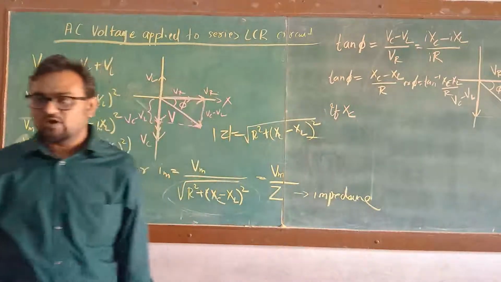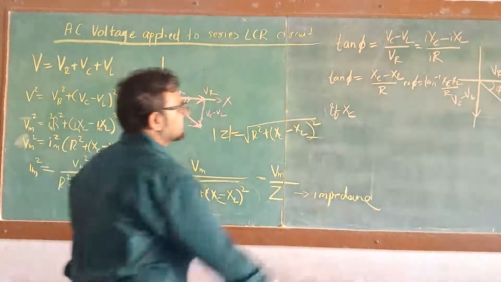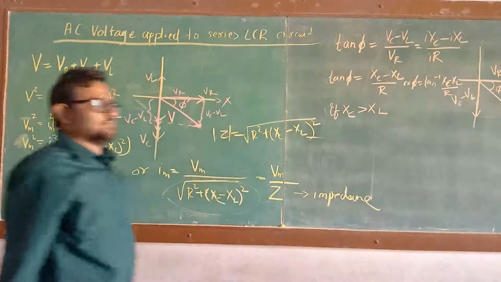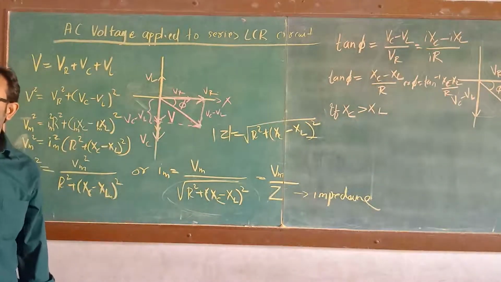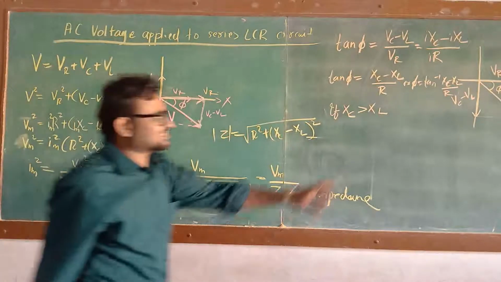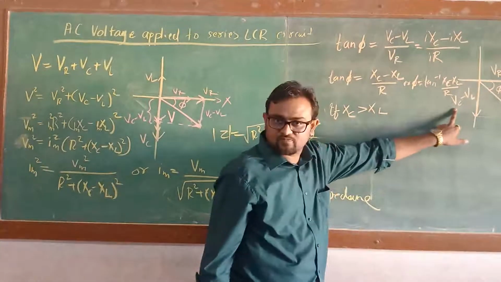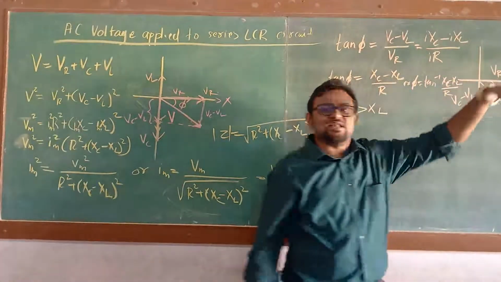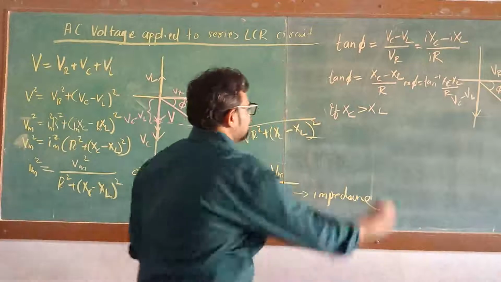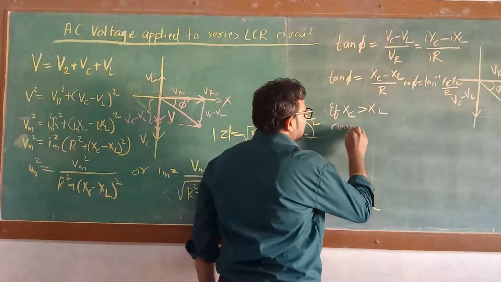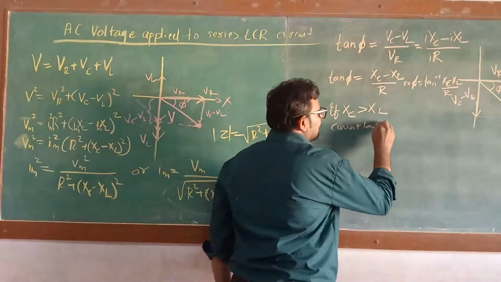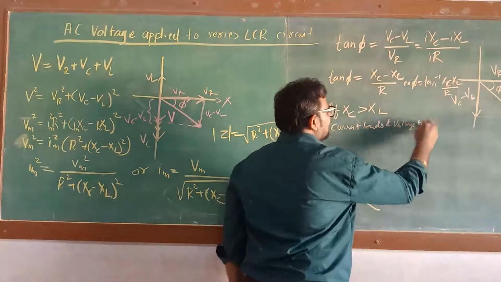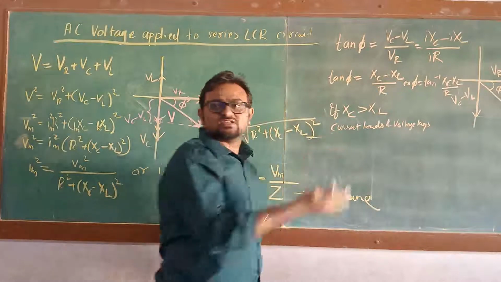Okay. Now if XC is greater than XL, in that case current leads and voltage lags by phase difference phi.